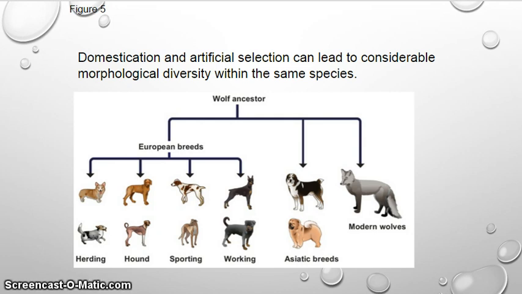And so although domestic and artificial selection can lead to considerable morphological diversity within the same species, you can imagine that there might be some post-zygotic barriers with regard to the morphology of these various breeds.